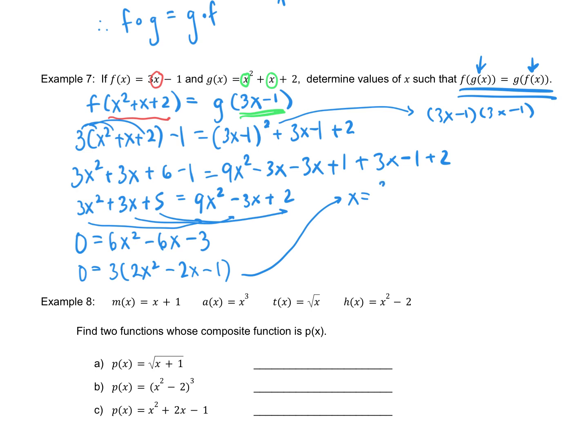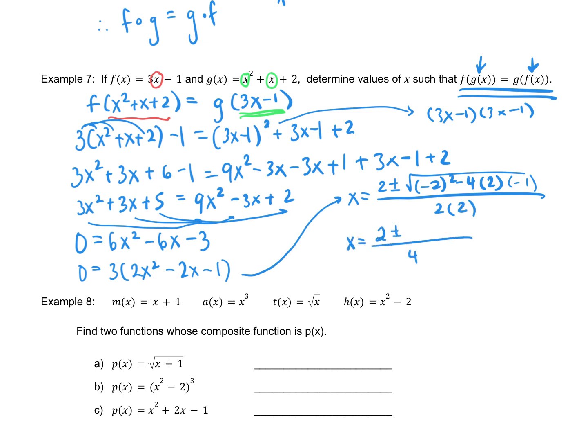So negative b, so positive 2, plus or minus the square root of b squared minus 4ac, all over 2a. And when you clean this up, under the square root you end up with the square root of 12.